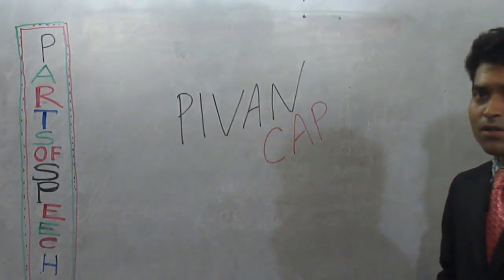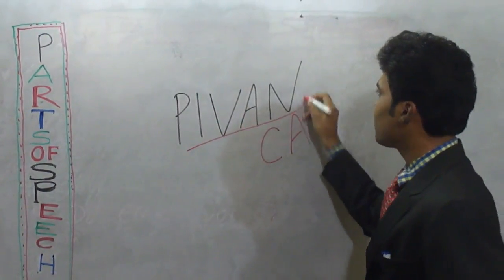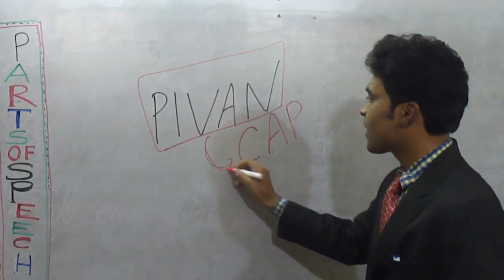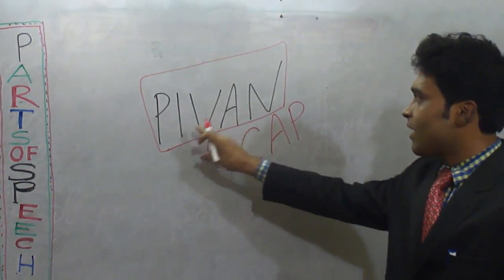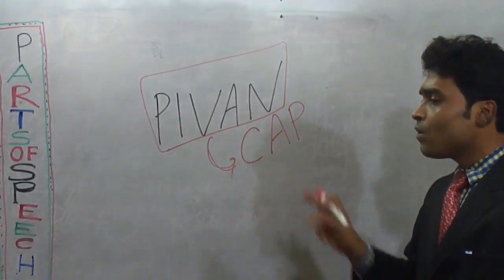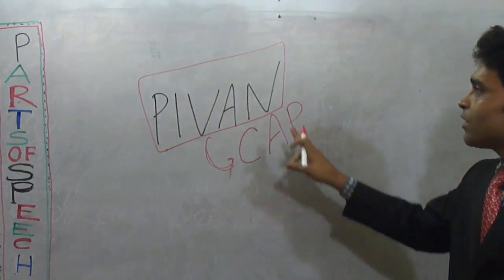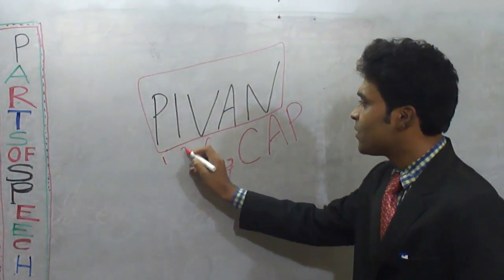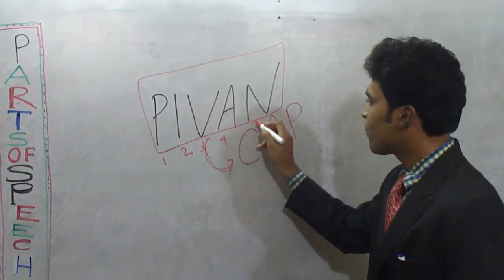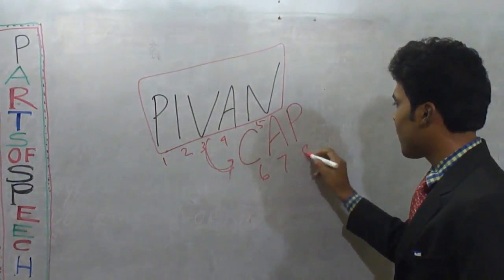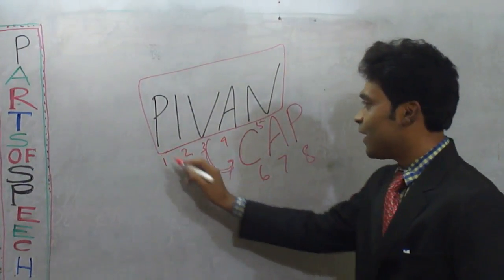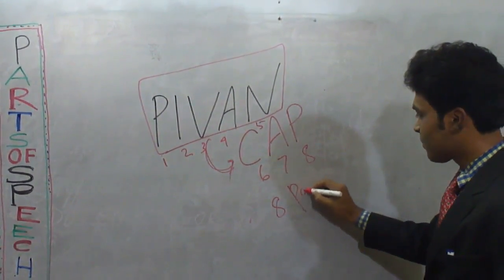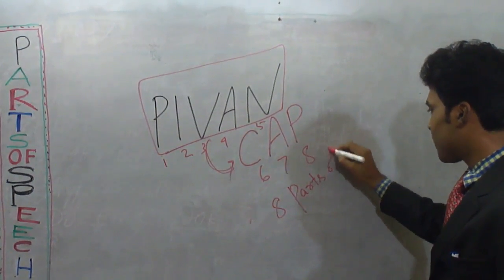Are you getting my point? So Pivan is a brand and you are wearing that brand cap. And in this Pivan cap, you will find the parts of speech. If you count, 1, 2, 3, 4, 5, 6, 7, 8. So 8 letters comprise 8 parts of speech.